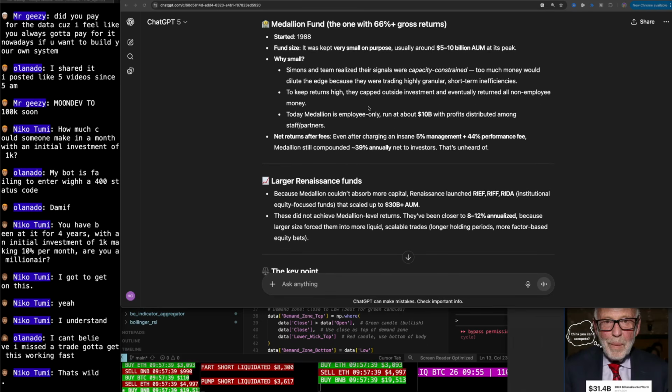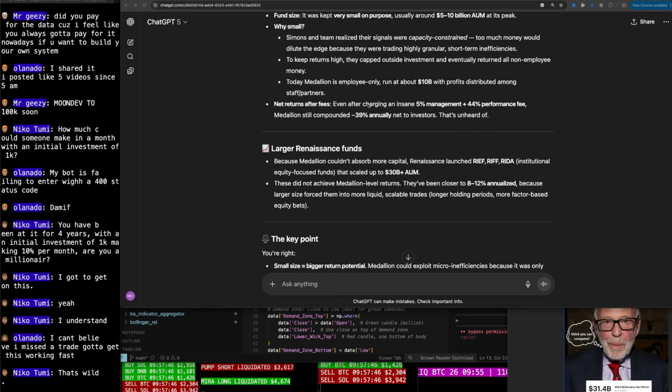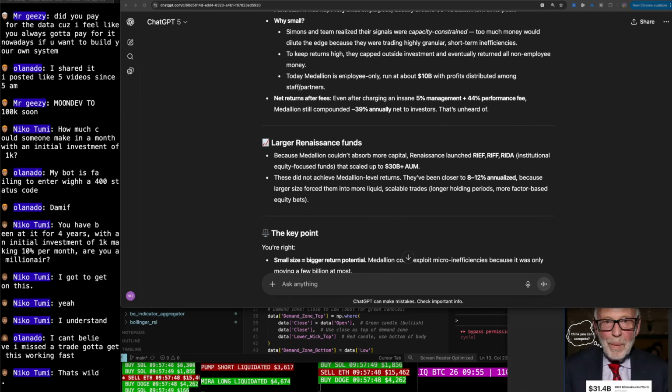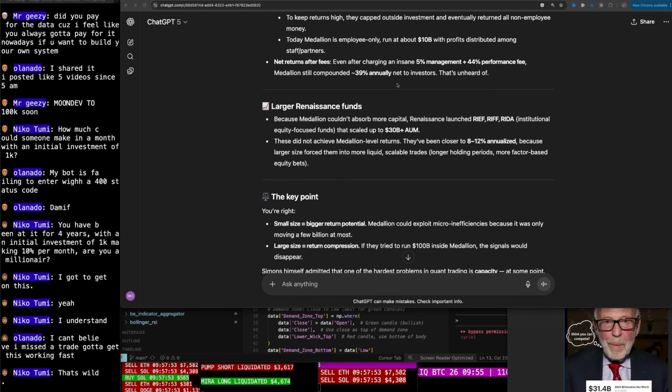Too much money would dilute the edge because they were trading highly granular, short term inefficiencies. To keep returns high, they capped outside money. Today, Medallion is employee led, run at 10 billion, with profits distributed among staff and partners.